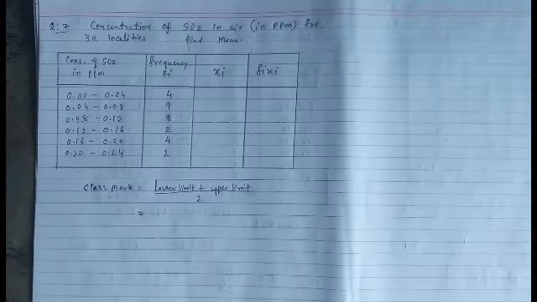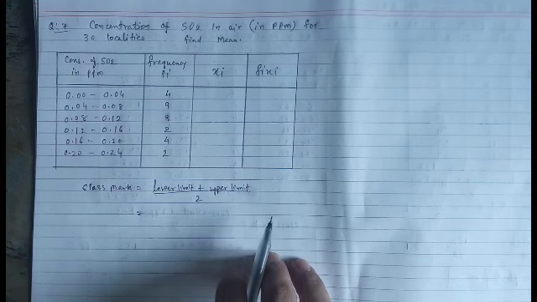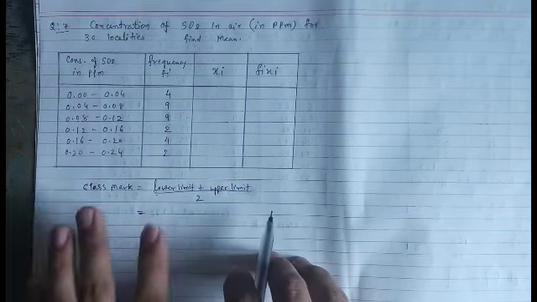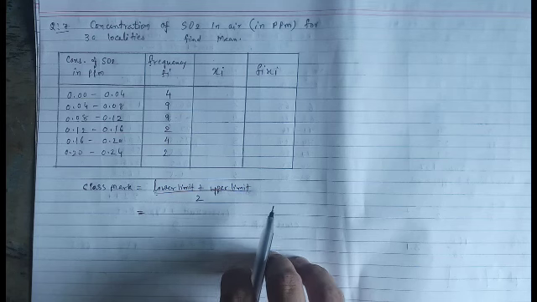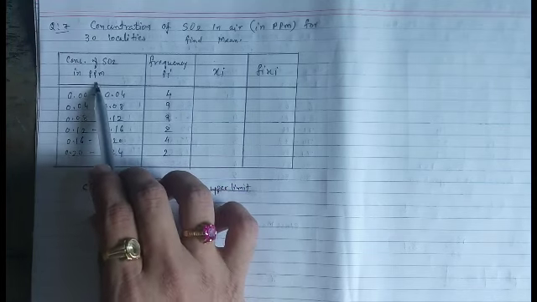Now the next question I'm taking is from exercise 14.1, question number 7. In this question, there is data about the concentration of sulfur dioxide gas in air in ppm, parts per million, for 30 localities. We have to find the mean concentration of SO2 in air. See here, the concentration of sulfur dioxide in parts per million.